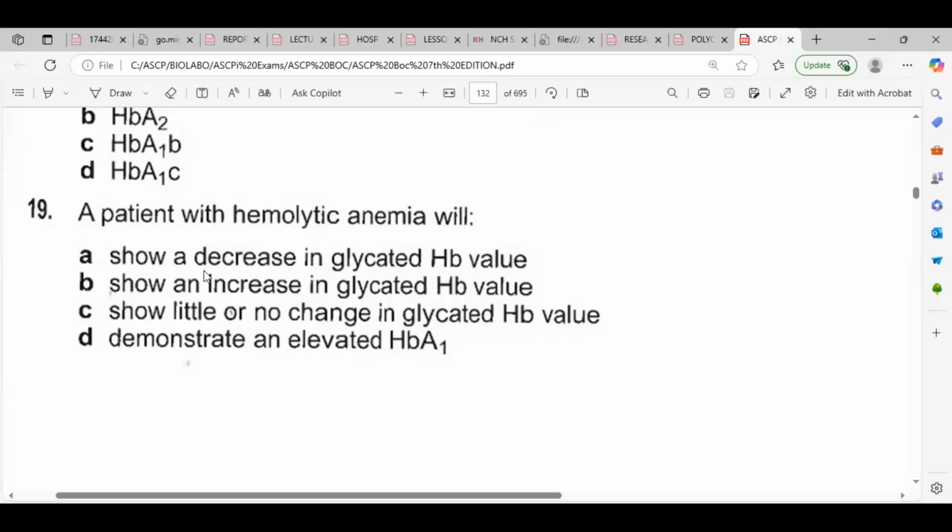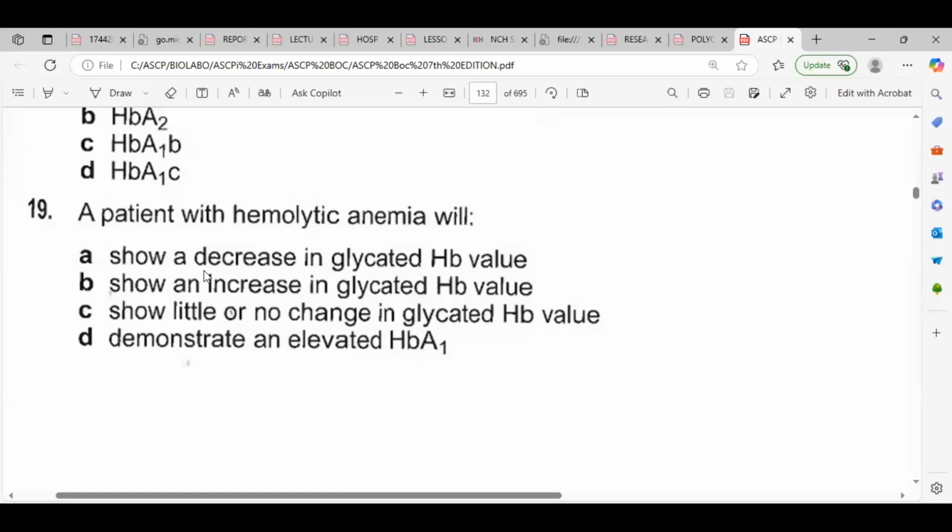We break down RBC, release hemoglobin A1c, and then measure the concentration or the binding of glucose to that hemoglobin. And we report it in percentage, isn't it? Percentage of all hemoglobins in the body, in RBCs.